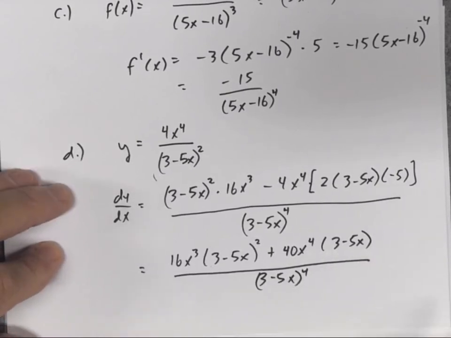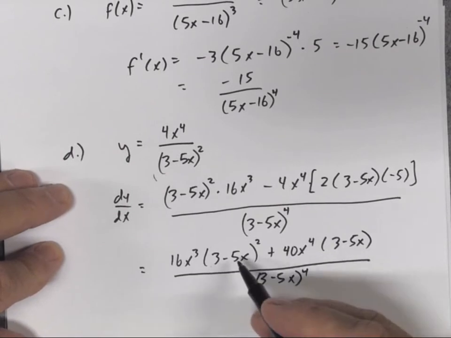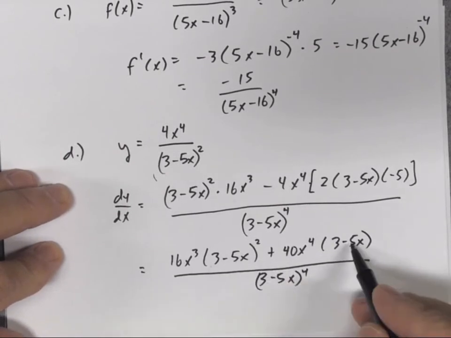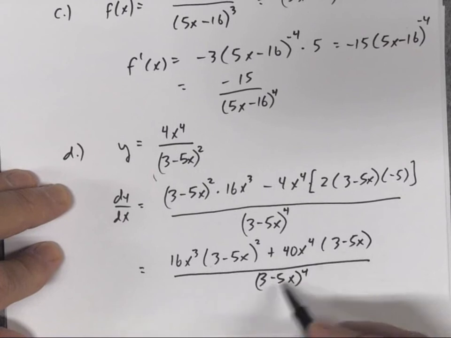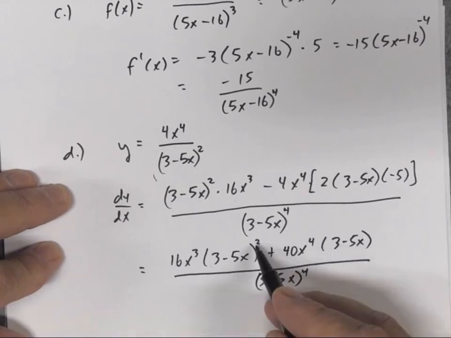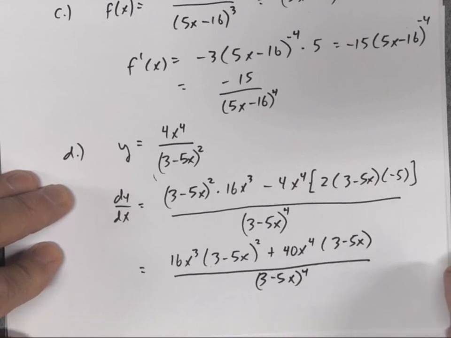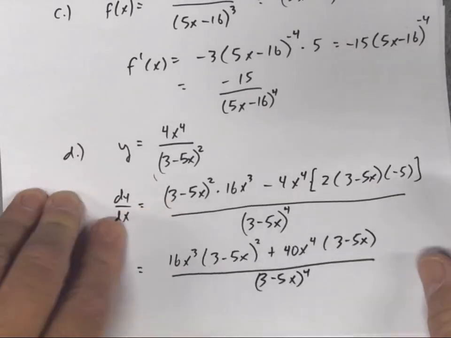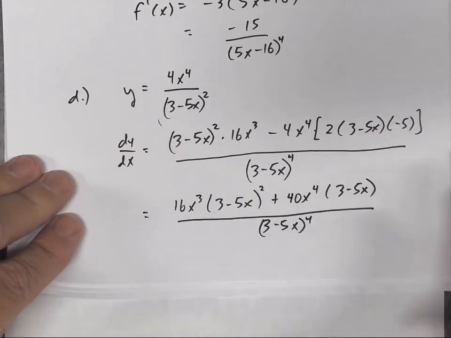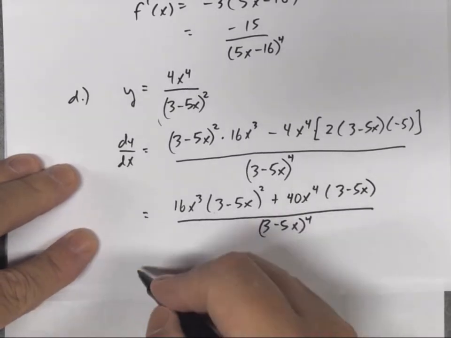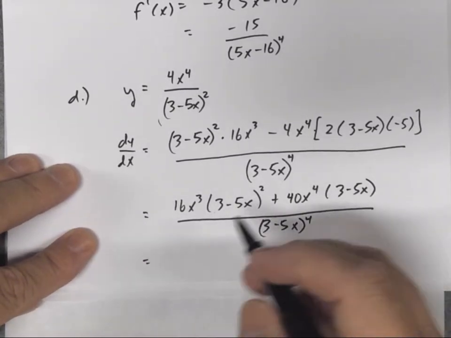Hopefully you can see I have the parentheses. It's common to all 3 terms. Here you have it squared, here to the first power, here to the 4th. So I can divide out, cancel out, however you want to think about it, a 3 minus 5x from all 3 of these terms.